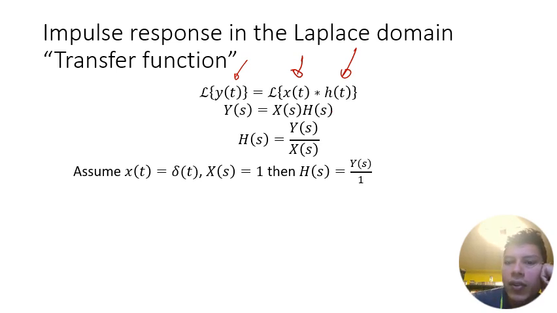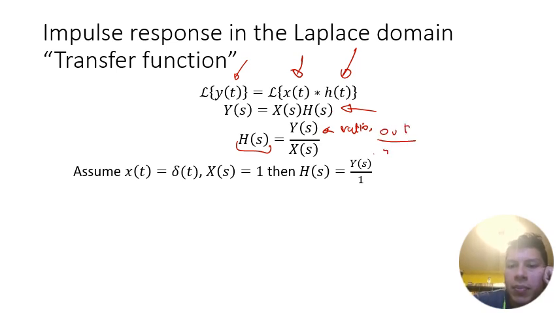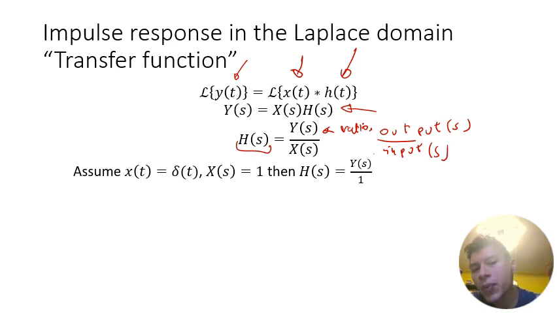And so in the Laplace domain, that's the equivalent expression. So I can say that the transfer function is just the ratio of the output to the input in the Laplace domain. So that's one way to see it.